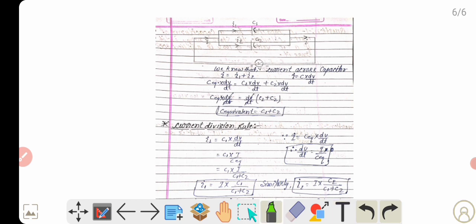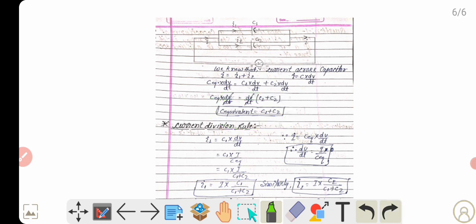As you can see here, I is equal to I1 plus I2, and I, that is the equivalent current, is equal to C equivalent into dV by dt, where this term is the current across capacitor C1 and this term is the current across capacitor C2. Now if we calculate, then C equivalent will be equal to C1 plus C2.